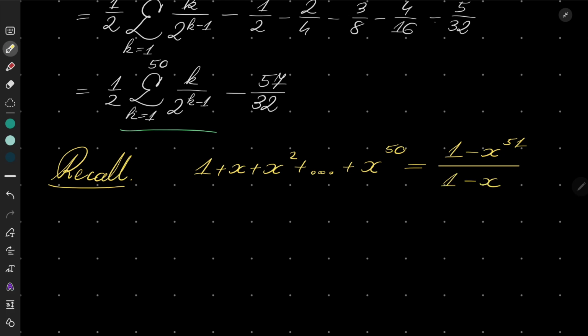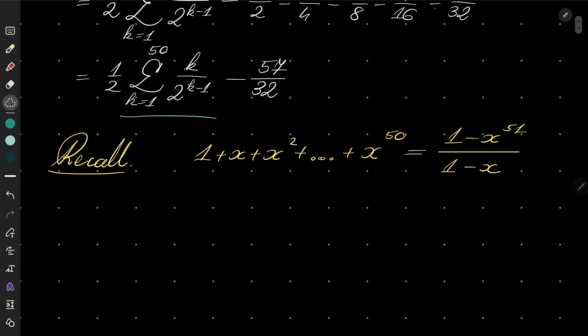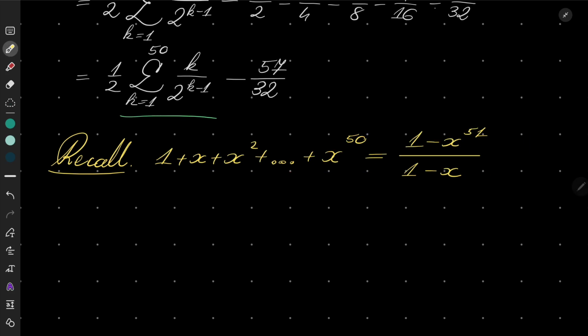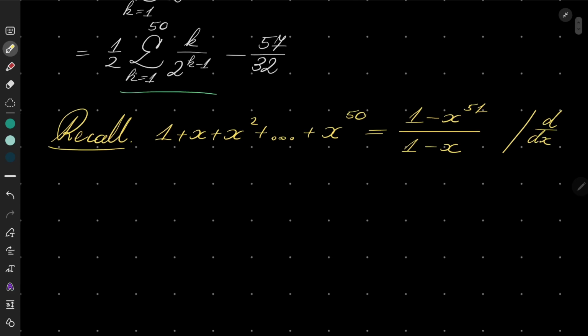It's just the formula for the sum of a geometric progression. And how is it helpful? It will be helpful after differentiation. So let's differentiate both sides. The derivative of 1 is 0, the derivative of x is 1, plus 2x, the next term will be 3 times x squared, and so on. The last term is 50 times x to the power 49.